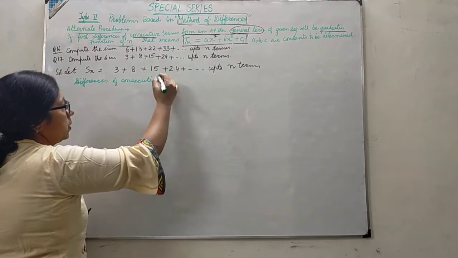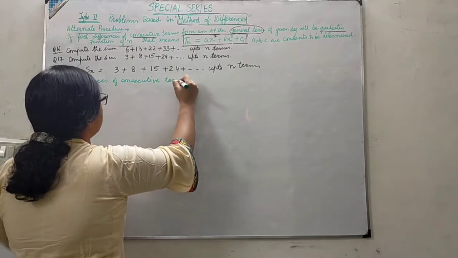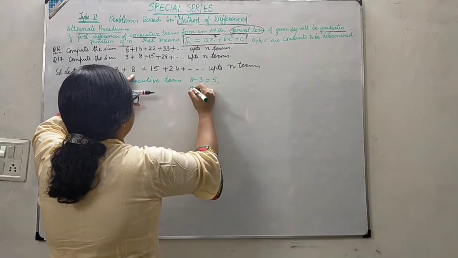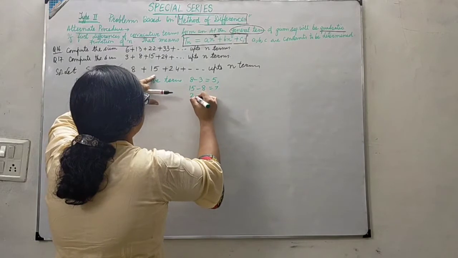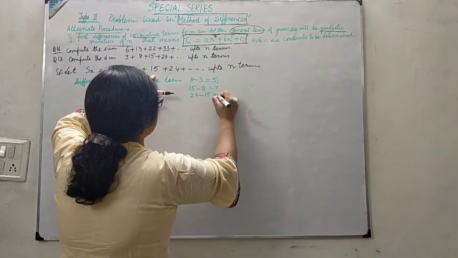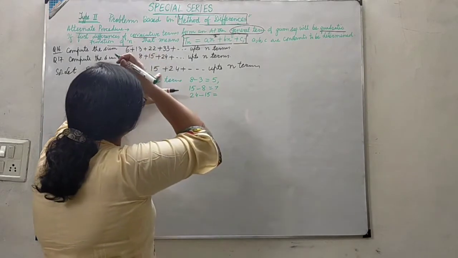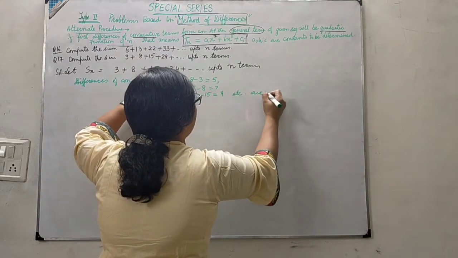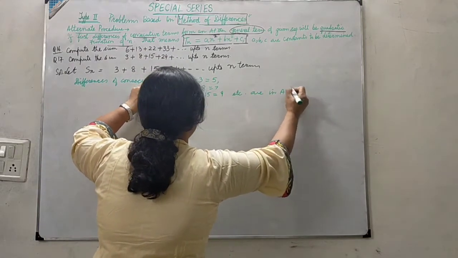Before applying the procedure, consecutive terms: 8 minus 3 is 5, then 15 minus 8 is 7, and then 24 minus 15 is 9, etc. So these are forming an AP.